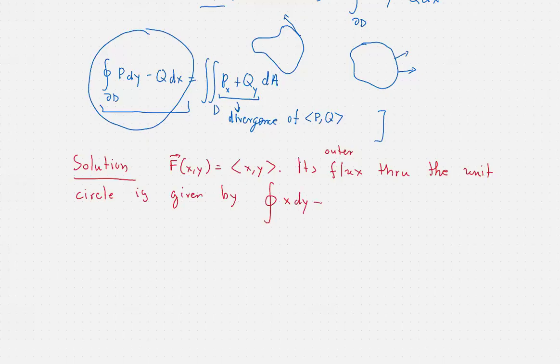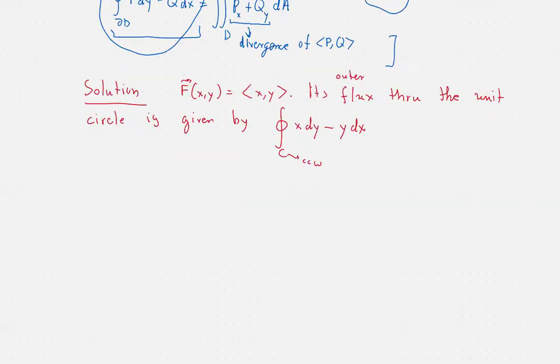So this is the outer flux, and this is oriented in the counterclockwise way. So I have this vector line integral. I don't even need to know anything about the flux form or Green's theorem or anything like that. I'm now going to compute this using the one and only Green's theorem that I have, which tells me what?